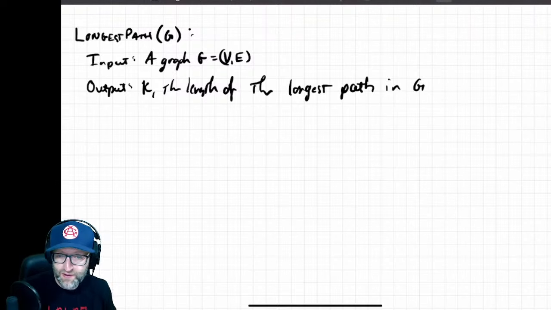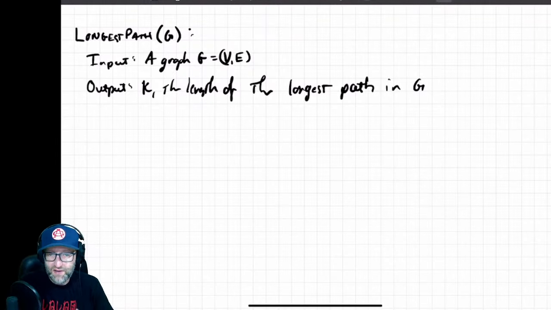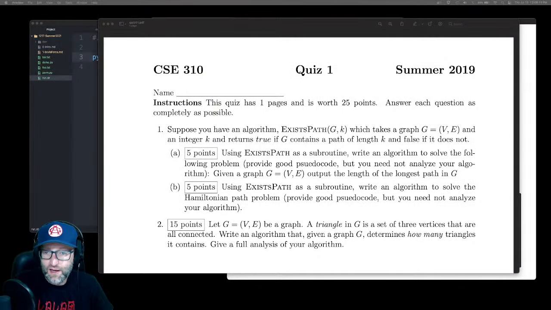How do we go about this? Well, if I'm going to use exists path, I could ask, does there exist a path of length 1? Does there exist a path of length 2? Length 3? Does there exist a path of length n? Does there exist a path of length n plus 1?